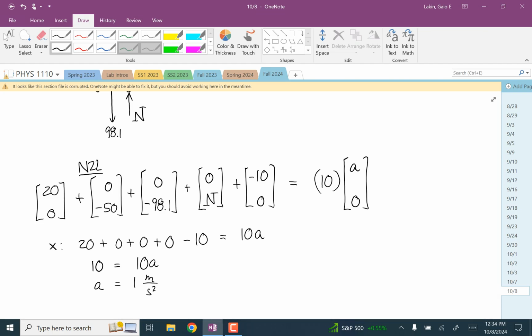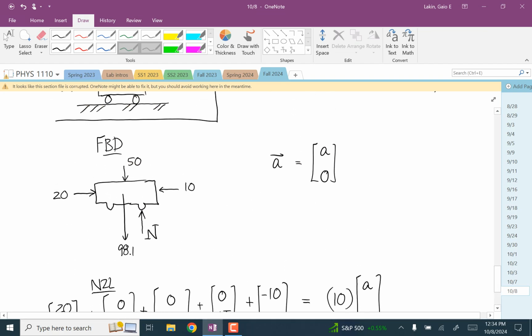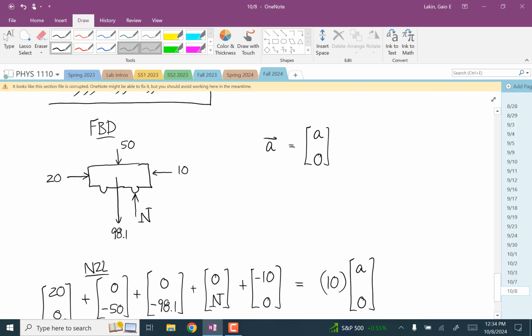Okay. We want the acceleration vector. Well, we already knew that the acceleration vector was a, 0. All we had to do was figure out what a was. Now that we know that, we can plug it in here. Okay?